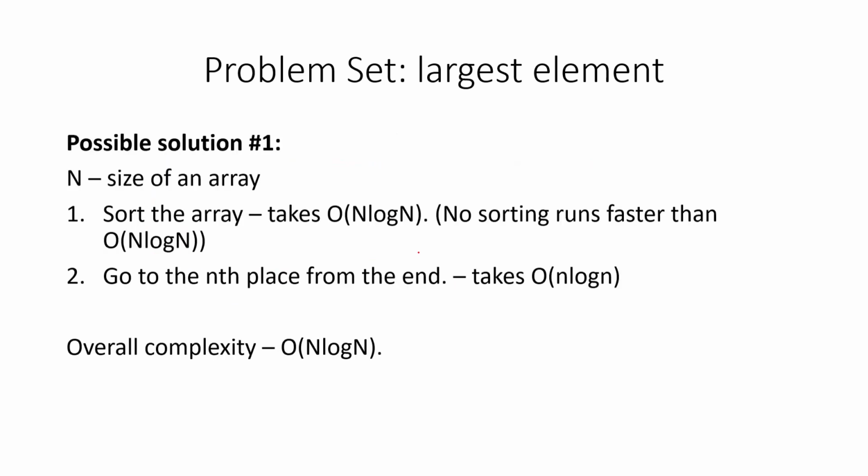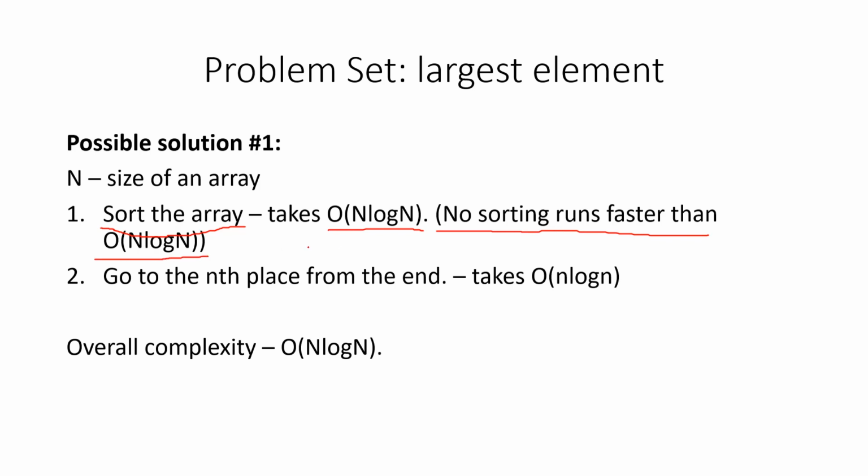The first solution is you create an array, or maybe you just use the array that is given, and you sort the array, and the sorting takes n log n time complexity. Why does sorting take n log n? Because no comparison sorting runs faster than n log n time complexity.